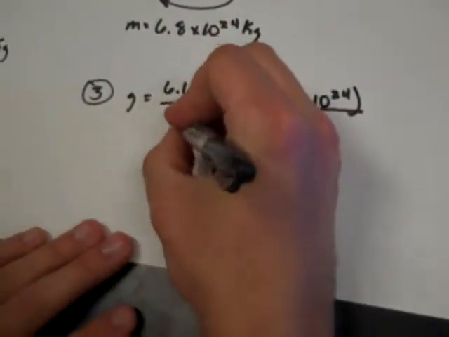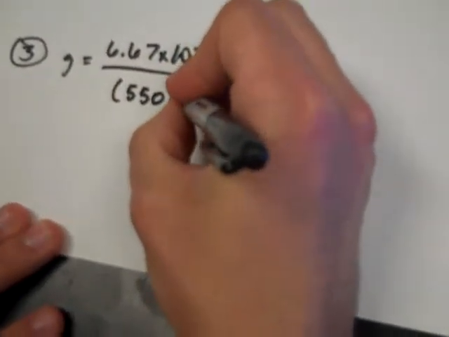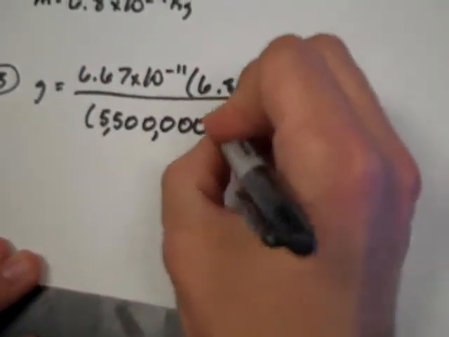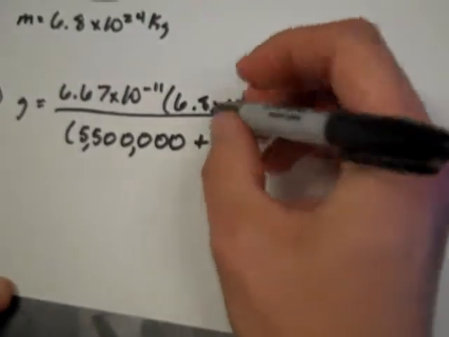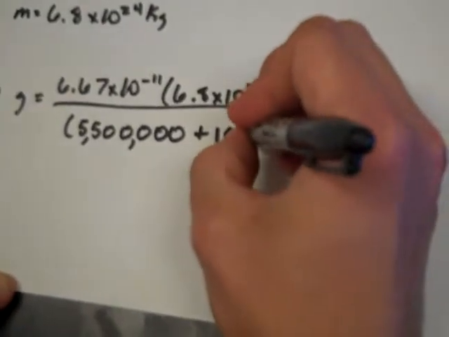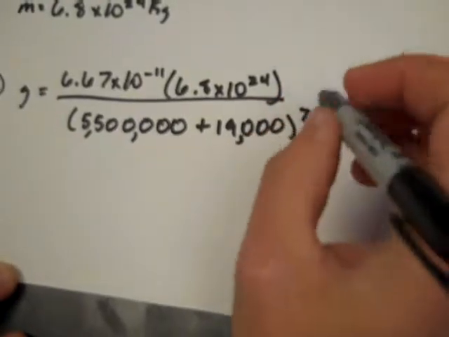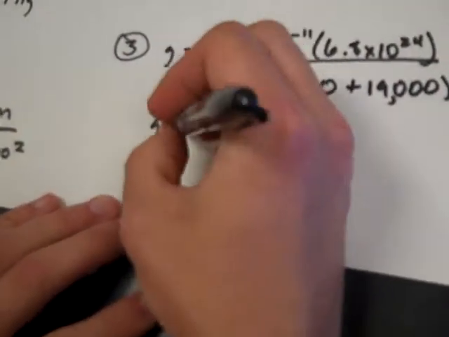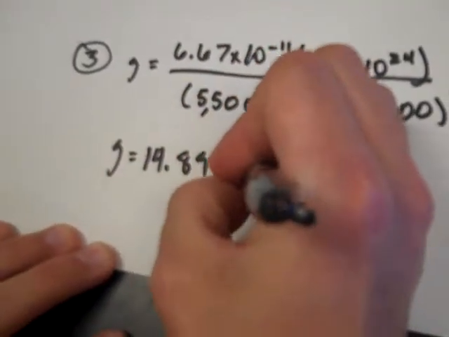So this will be the radius plus, now it's 19 kilometers, so we want to change it into meters by adding 3 zeros. And we square that. And once we solve for g, it equals 14.89 meters per second squared.